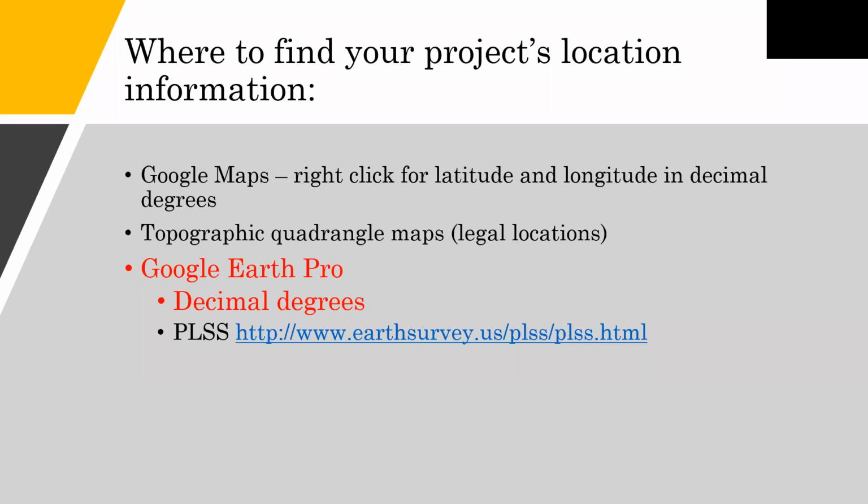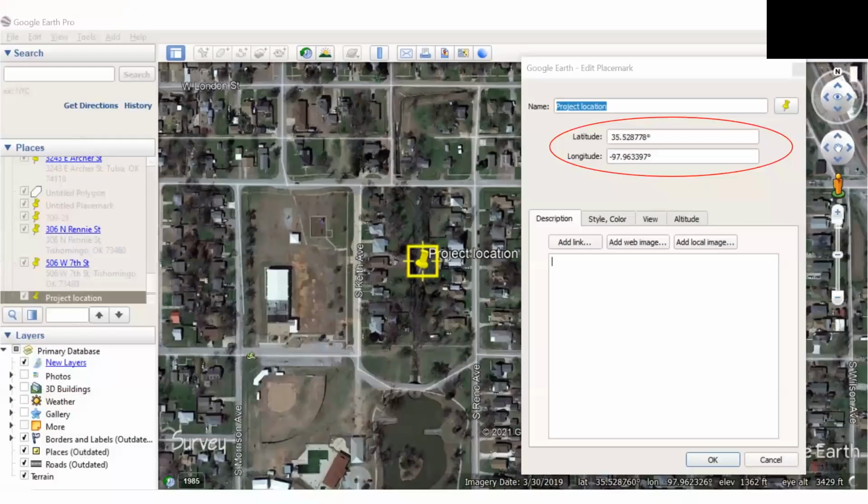You can find coordinate data in decimal degrees by using Google Earth or Google Earth Pro. Add a pin and drag to the location of your project. The Edit Placemark pop-up will indicate the latitude and longitude of this location in decimal degrees, assuming your Google Earth program is set to decimal degrees.